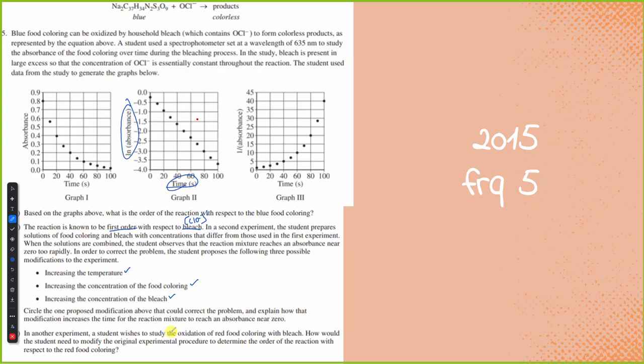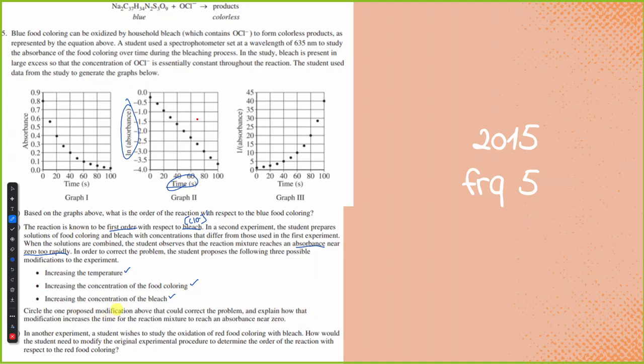Circle one proposed modification above that could correct the problem and explain how the modification increases the time for the reaction mixture to reach an absorbance of 0. So, if it is being bleached too rapidly, that's what it says, absorbance is going to 0 too rapidly.